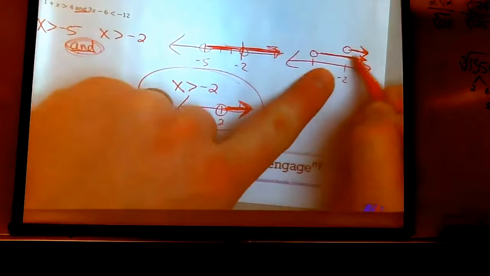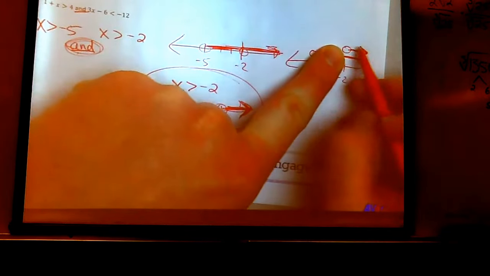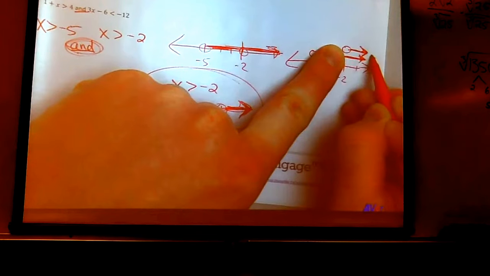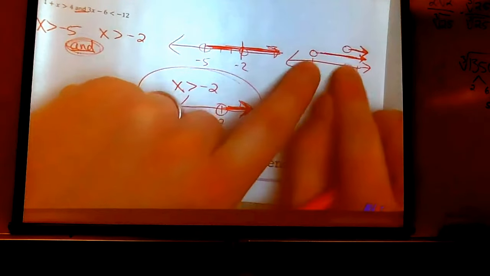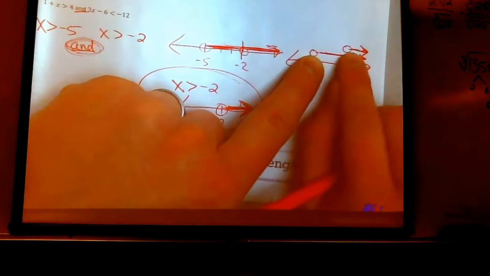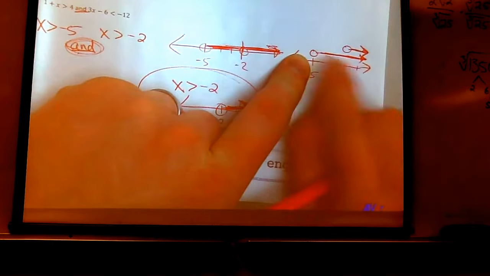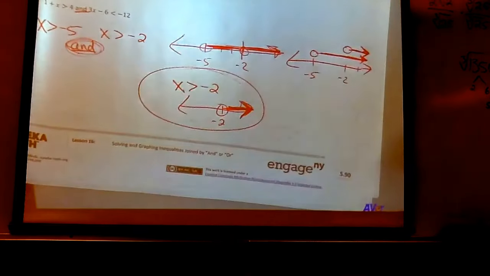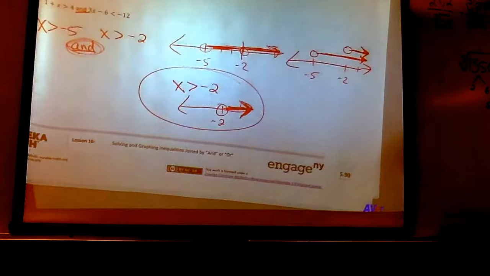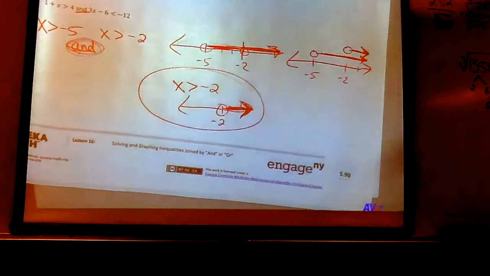If it says and, in between, it's only where they both are. If it says or, it's either one, and either one means all of that stuff. So it's x is greater than negative 5. What were you gonna say? I was gonna say, or you could just color one on the top and then the bottom.